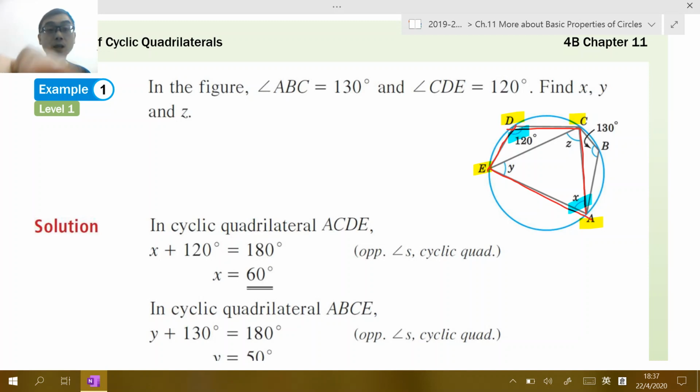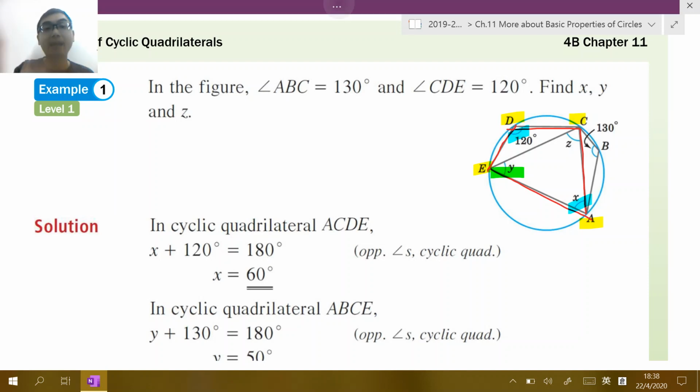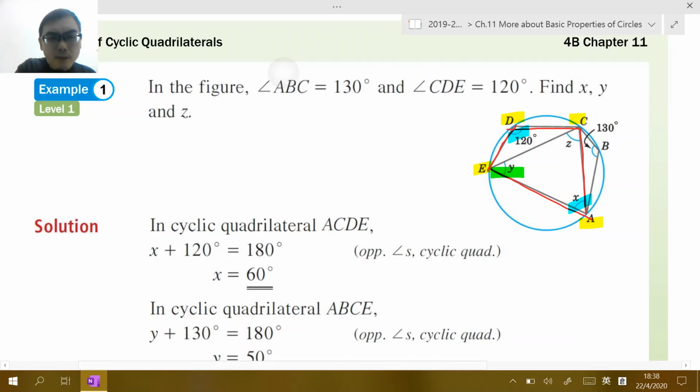But if you want to find Y, which is this one, then you cannot take only ACDE, because you can see the angle Y is a part of the angle E only, but not the whole angle E. It means we cannot just rely on this cyclic quadrilateral. This time I may take another cyclic quadrilateral.